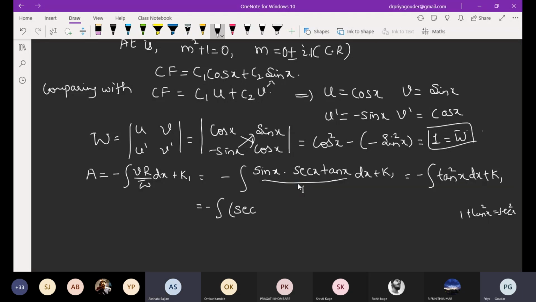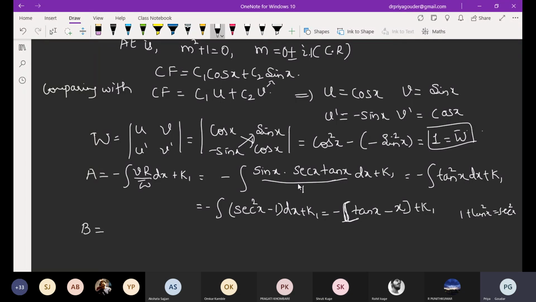Secant square minus 1, dx. What is the integration of secant square x? Tan x. Minus, what is the integration of 1 with respect to x? x. Plus K1. Okay, next.